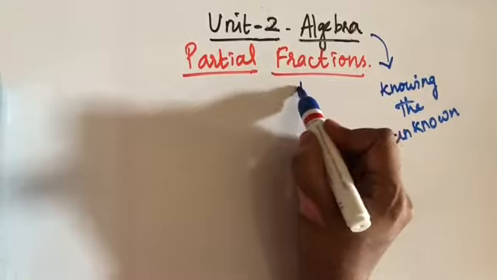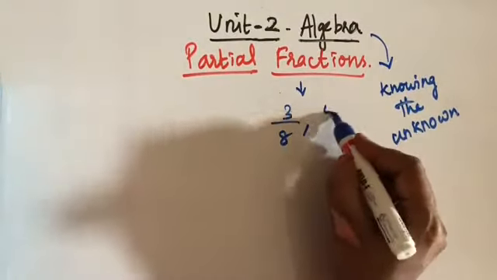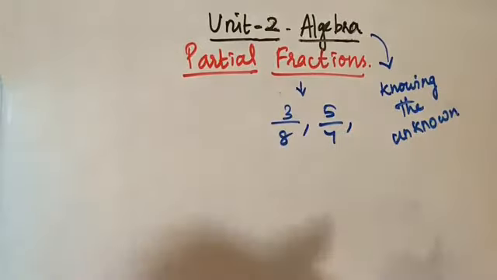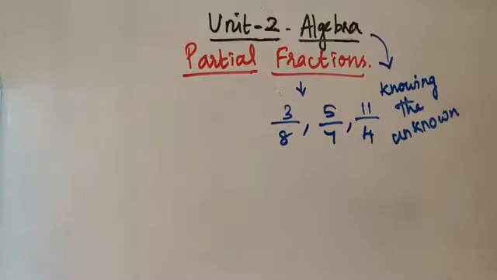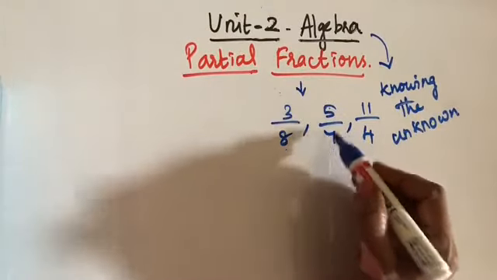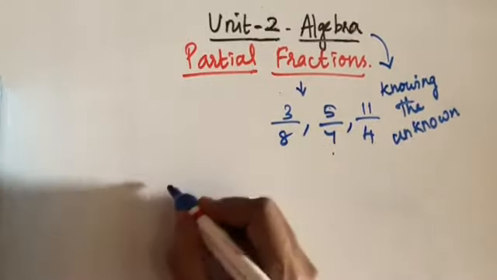Fractions, you know. What is a fraction? 3 by 8 or 5 by 8, 5 by 7, 11 by 4. These are all fractions. But here 5 by 7 is a proper fraction, 11 by 4 is an improper fraction, right?